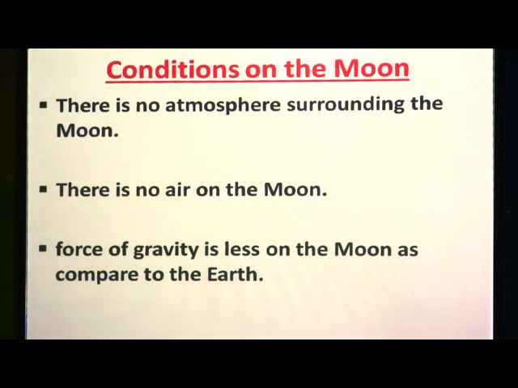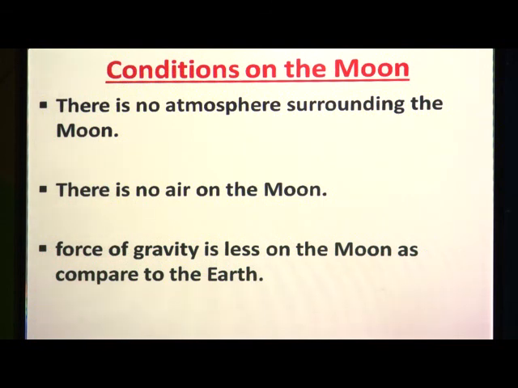Another important thing about the moon is that if you shout on the moon, nobody can hear you. Why? Because sound needs air to travel. Due to the absence of air, or the absence of atmosphere, sound cannot travel.